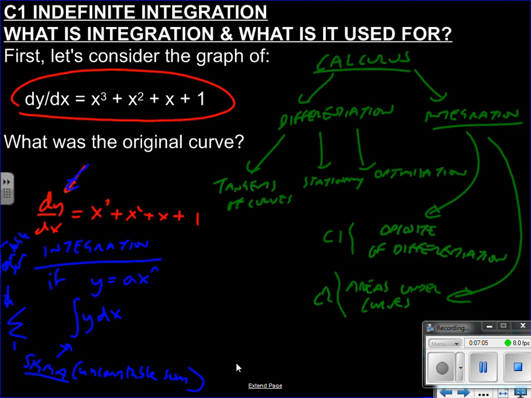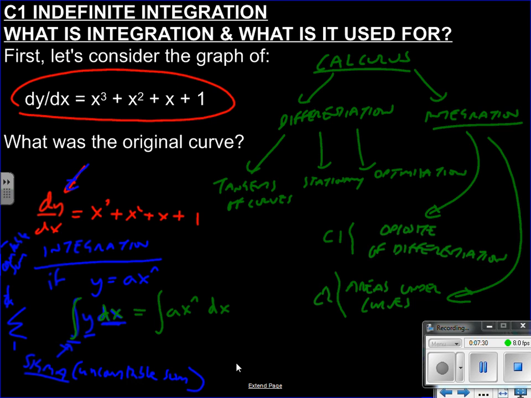So the notation for this is you are integrating the curve along the y-axis. So having the sigma, having the elongated S without the dx makes literally no sense, because what are you integrating? What's your variable of interest?